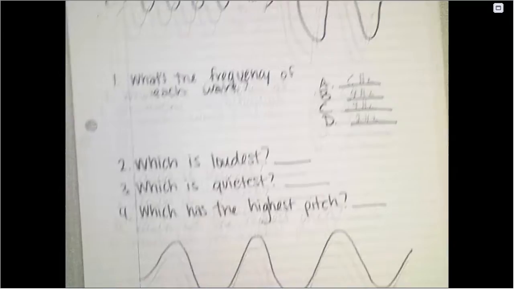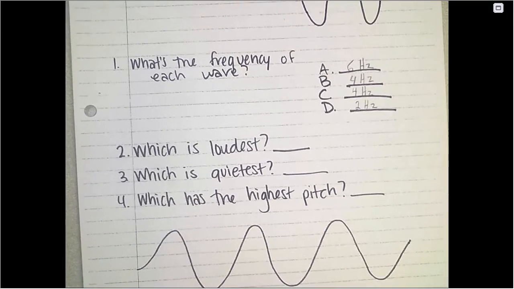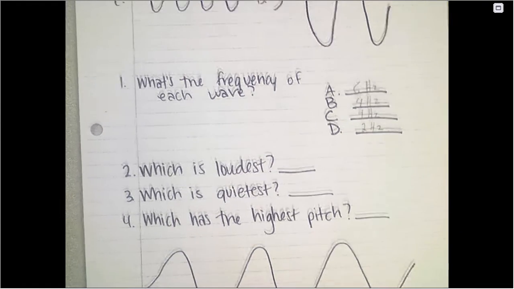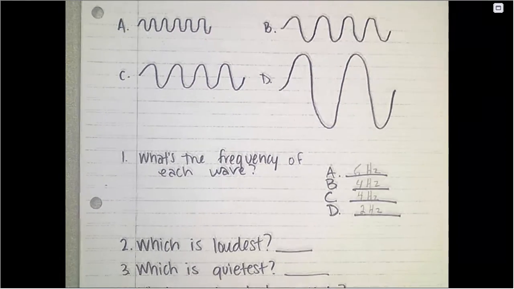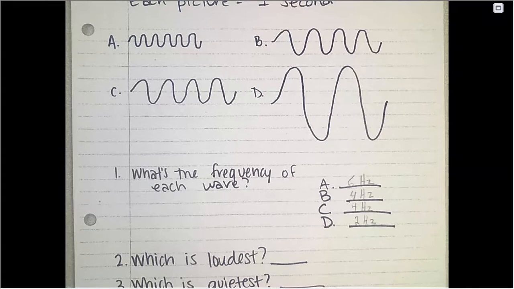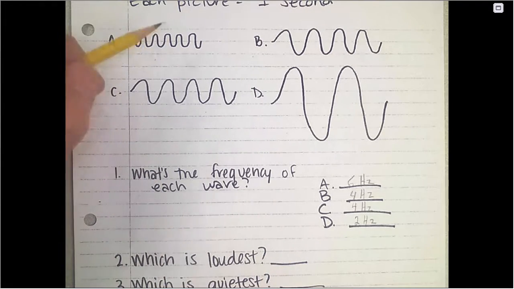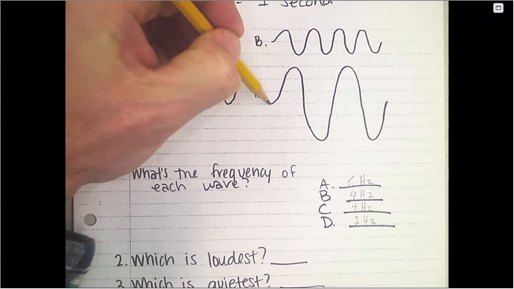Then we have some questions about those waves. Number 2 asks which wave is the loudest. When we're talking about loud, we're talking about amplitude. And in order to figure out the amplitude, we're looking for how tall the waves are from that resting point.